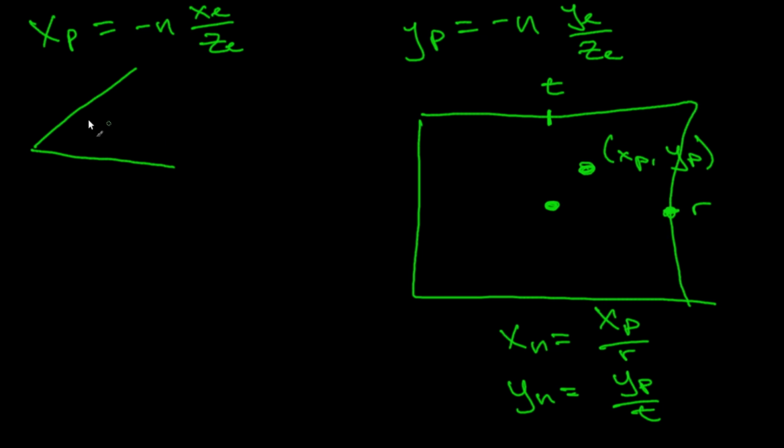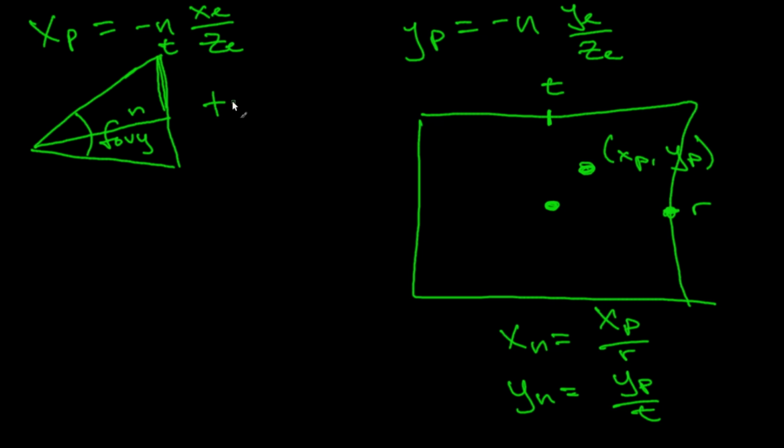We said that this angle right here, fovy, we have, and we also have n as the distance to this image plane. So half this angle is fovy over 2, and this height right here is t. That's how tall the image plane is above the focal point. Well, this is just the tangent problem.